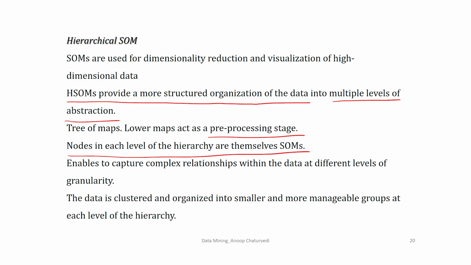Then hierarchical SOM enables to capture complex relationships within the data at different levels of granularity. Then the data is clustered and organized into smaller and more manageable groups at each level of the hierarchy.